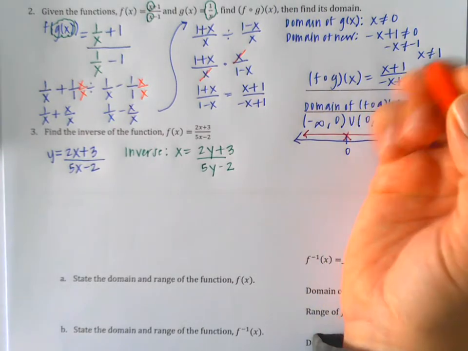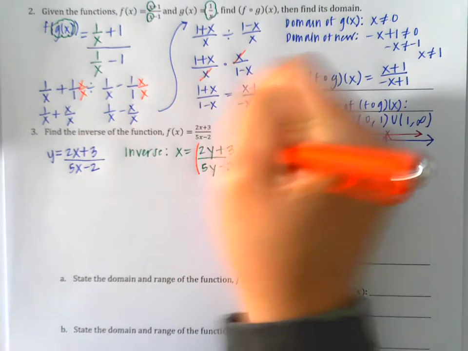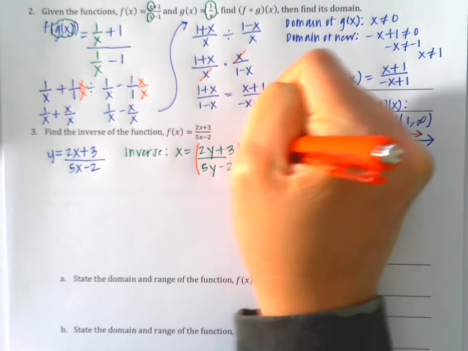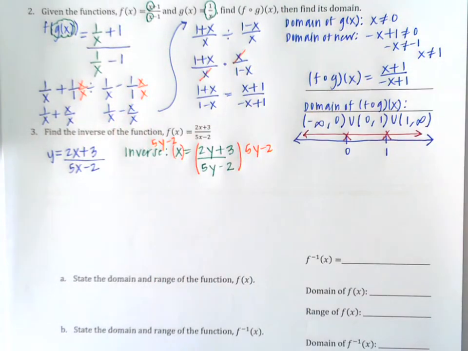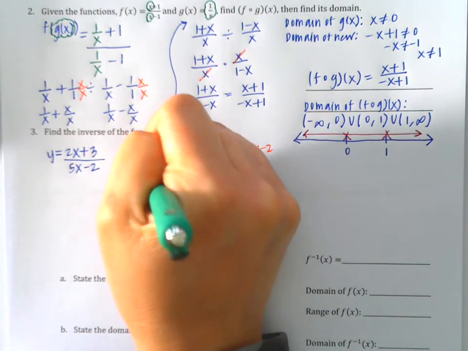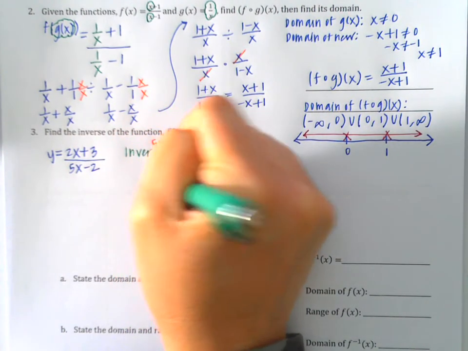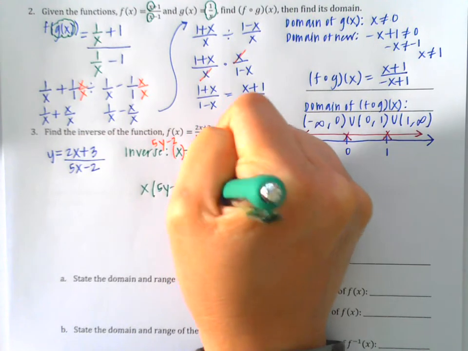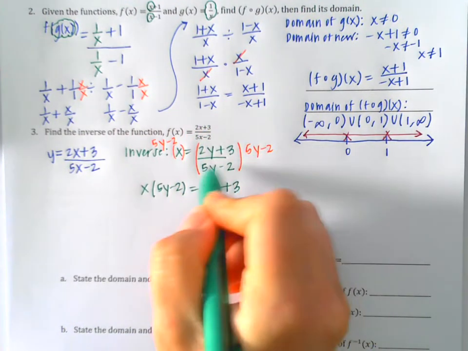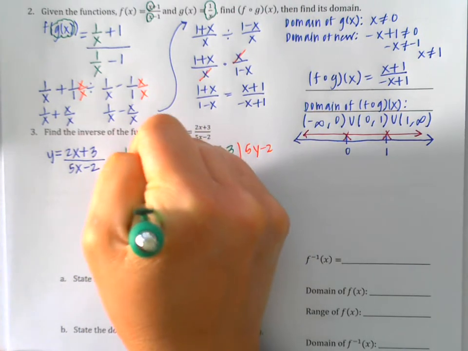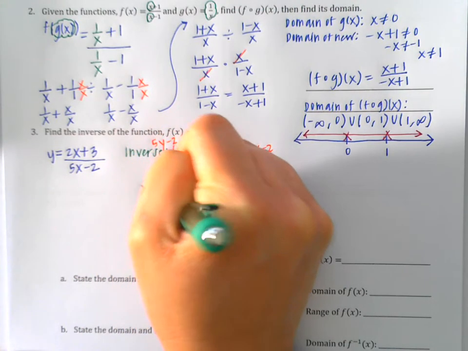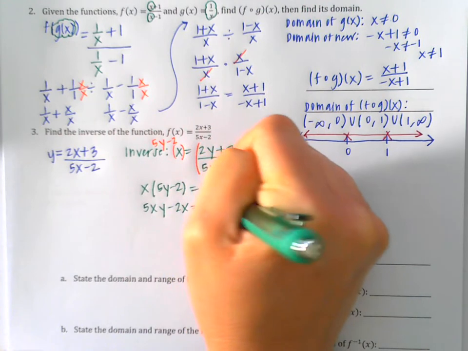So our first step is to multiply both sides by the denominator, 5y minus 2. And so I have x times 5y minus 2 equals 2y plus 3. The denominator cancels out. Distribute: 5xy minus 2x equals 2y plus 3.